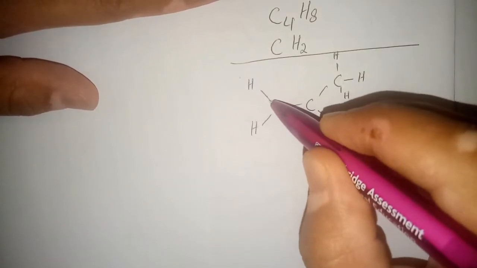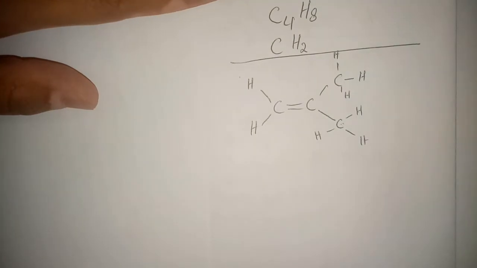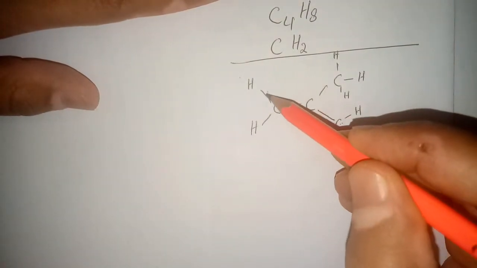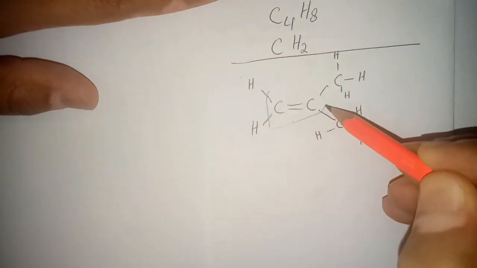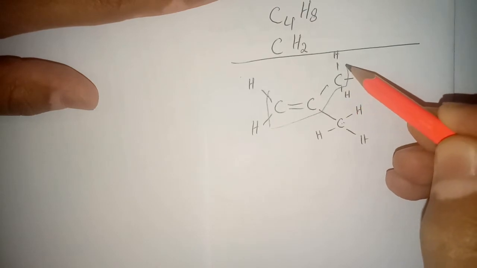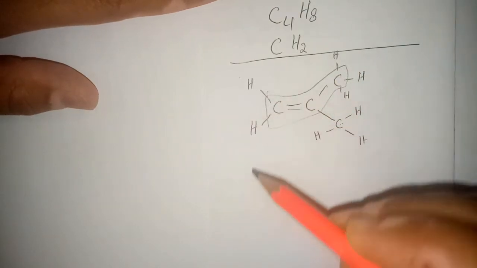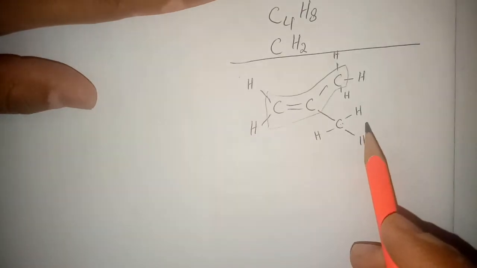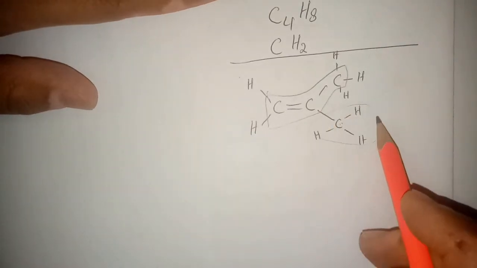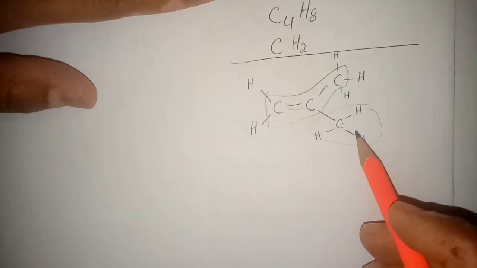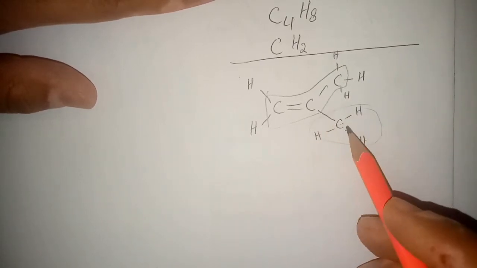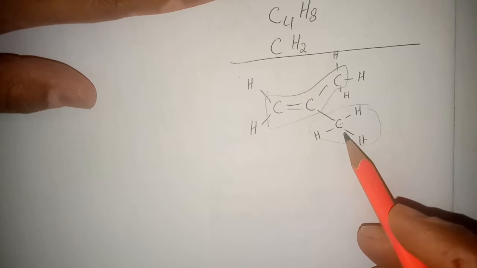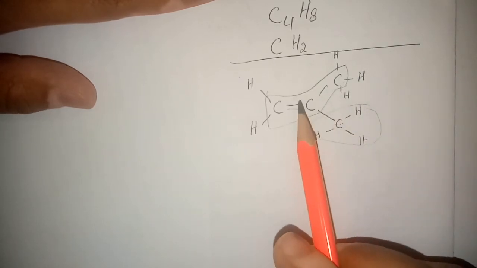So here this is the carbon to carbon long chain which contains 3 carbon atoms. So then this will be the branch, and you know that if one carbon is present at the branch, we name it as methyl.